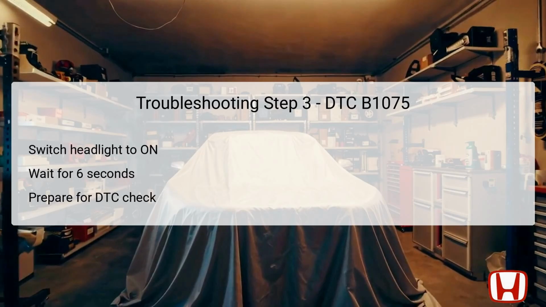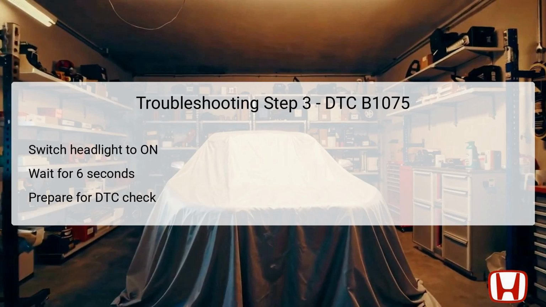After setting the ignition, the next troubleshooting step involves turning the headlight switch from the off position to the on position. This action is crucial as it allows the headlight system to engage and enables the diagnostic system to recognize its state. Waiting for at least 6 seconds provides the necessary time for the electronics to register the switch's action properly.